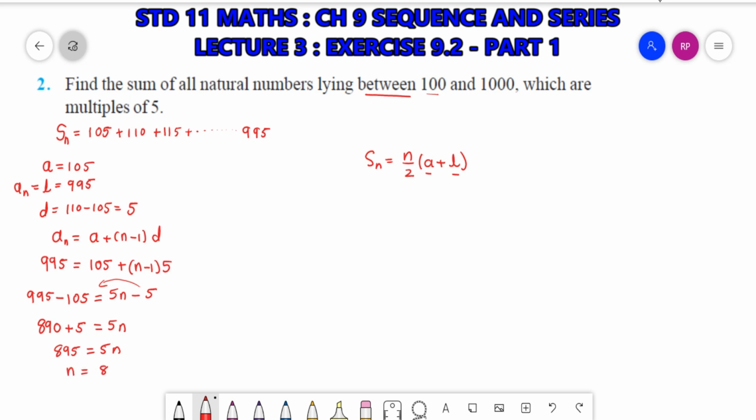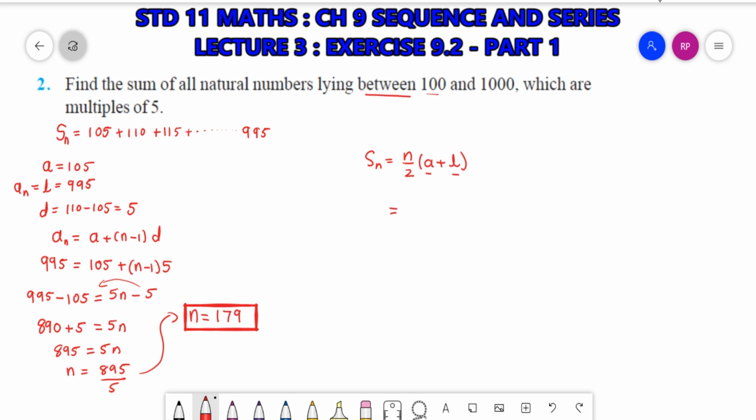N is equal to 895 upon 5. Okay, so from this we will get the value of n as 179. The value of n is 179. When we divide 895 by 5, we will get 179.